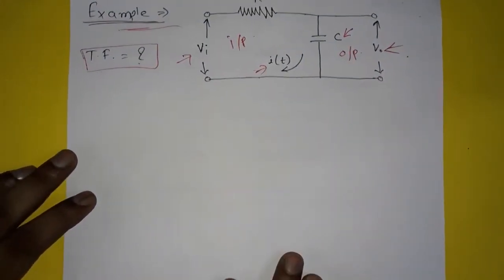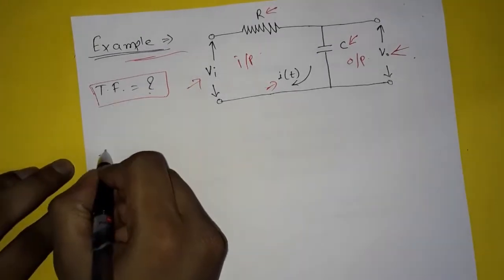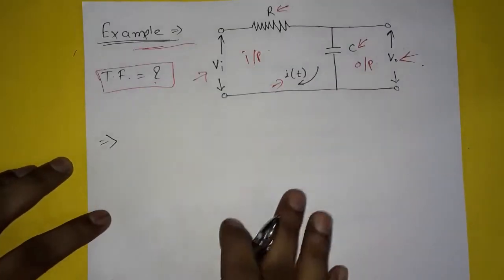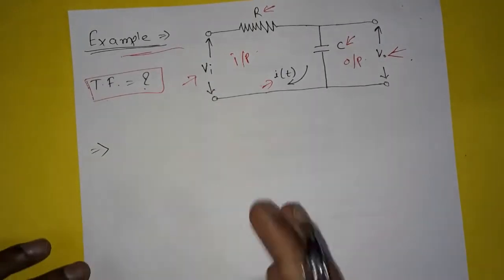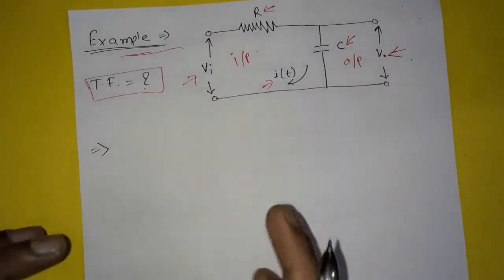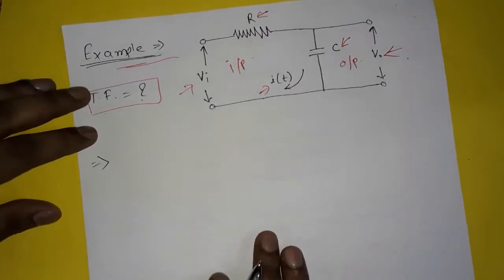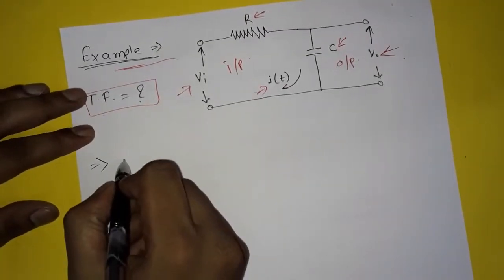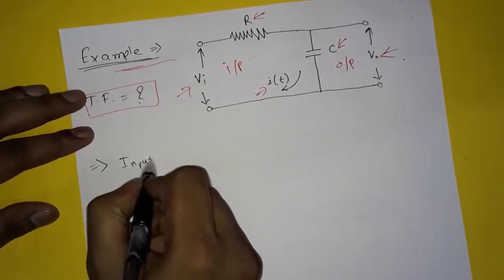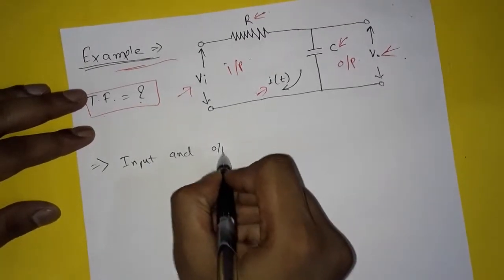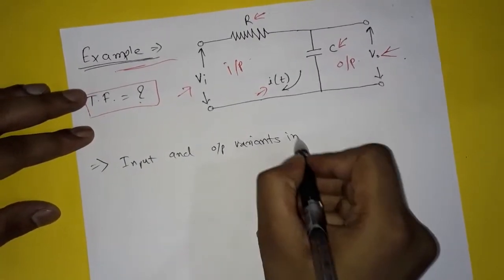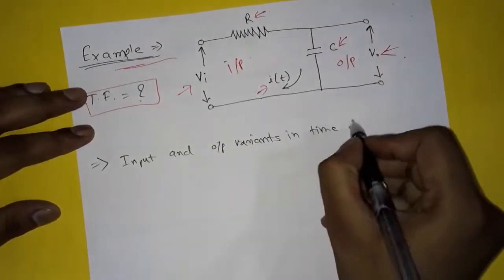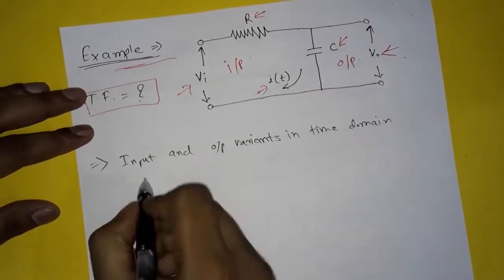Now let's start to solve the question. First, we need to find the input and output variables in time domain specification.